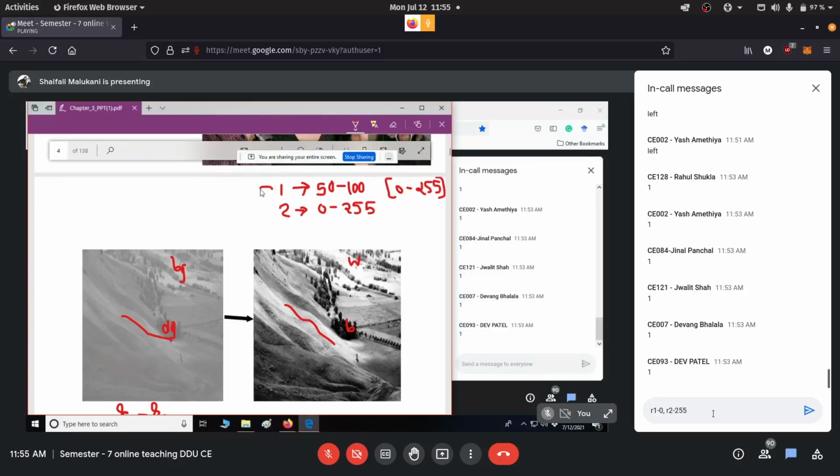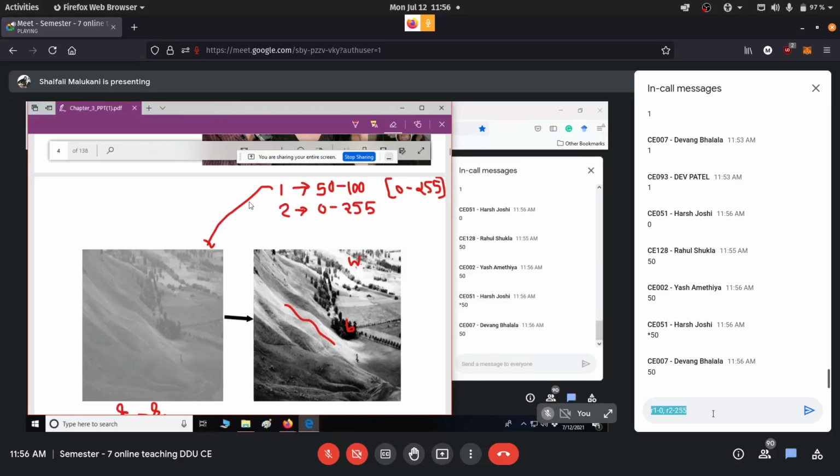Suppose this is the image itself. Assume it has an intensity range from 50 to 100. Suppose this is the darkest region here. If I say this is the darkest region, what will be the intensity of this region? If it is having values 50 to 100, it should be 0, right?